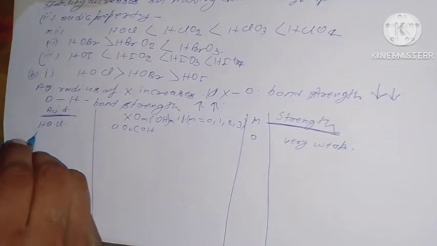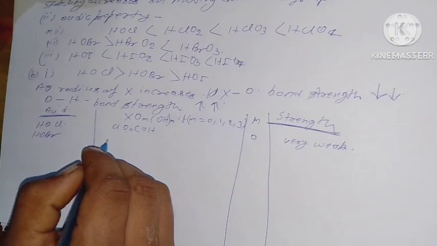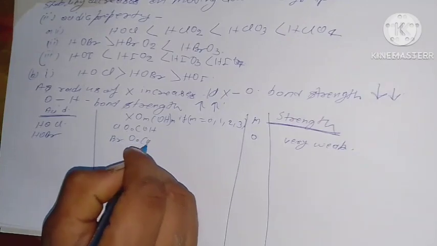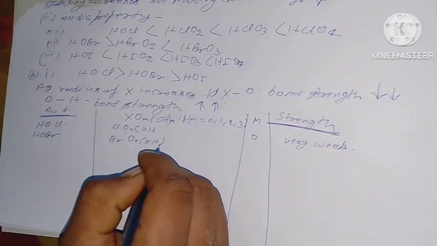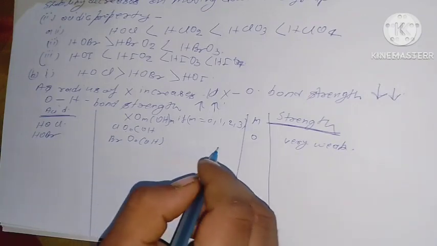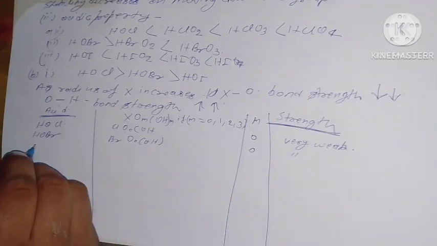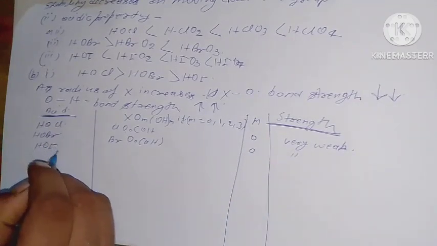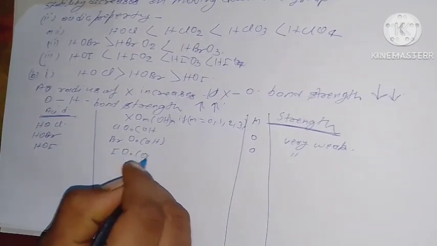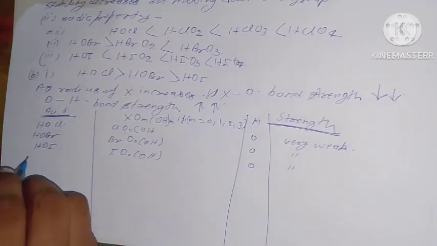HOBr, that is BrO0OH, M is 0, very weak. And HOI, that is IO0OH, that is 0, very weak.